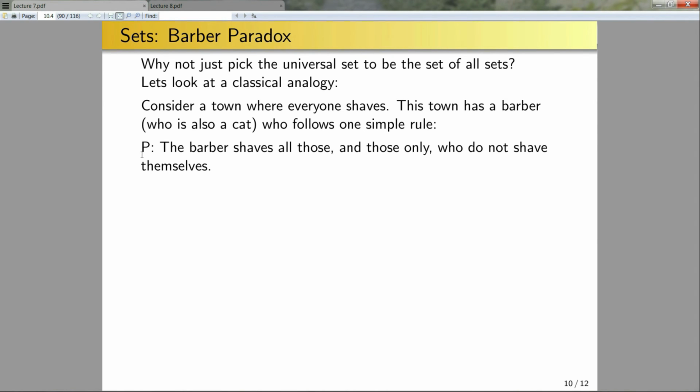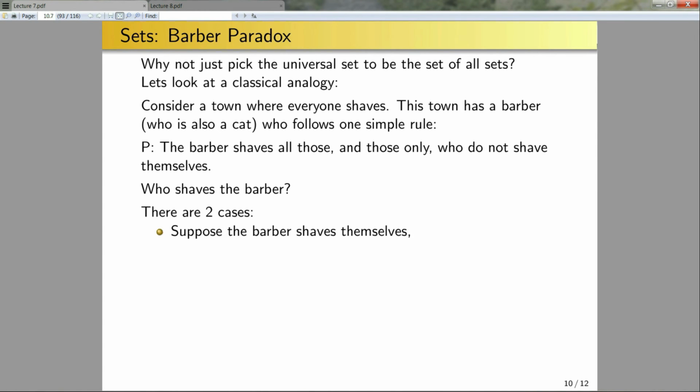So here I'm using P to refer to this statement here. Okay, let's ask a simple question. Who shaves the barber? If you like brain teasers or those types of things, pause the video now and go through the 2 cases to try to figure out who shaves the barber. Okay, now let's examine 2 cases. Suppose the barber shaves themselves.